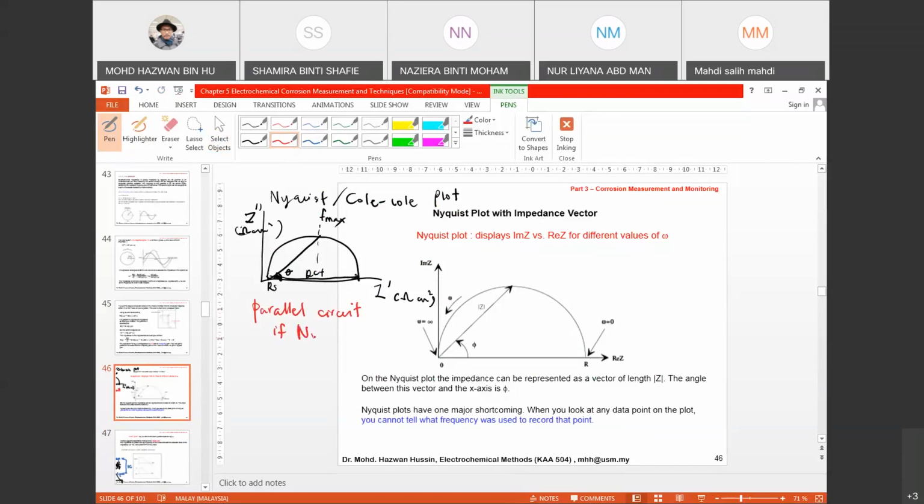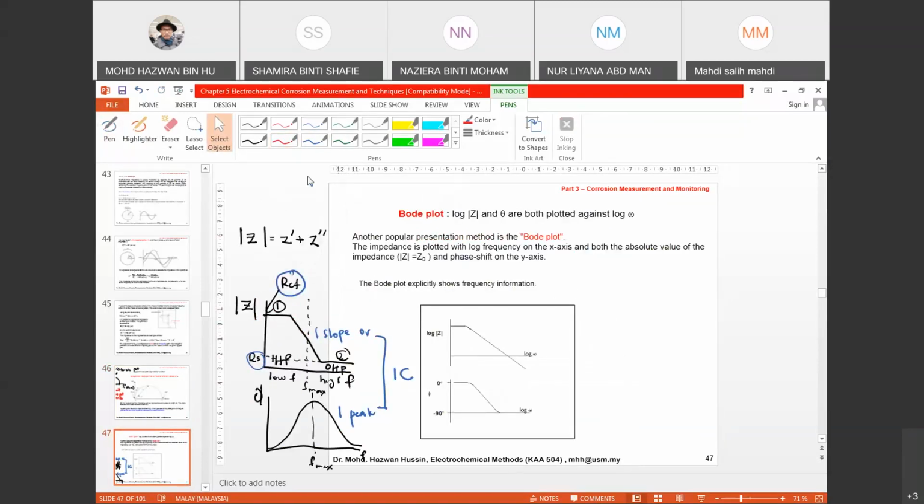When you remember back the simple Randles design between working electrode and reference electrode, this part is known to be parallel.